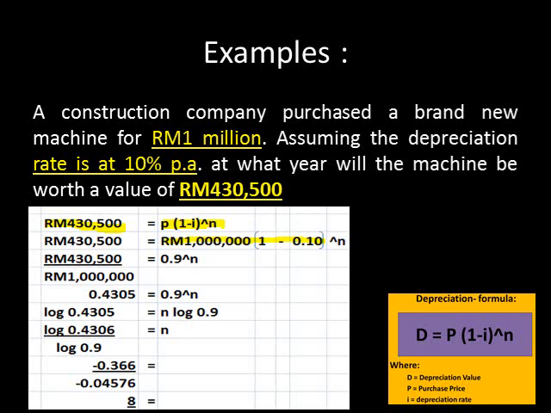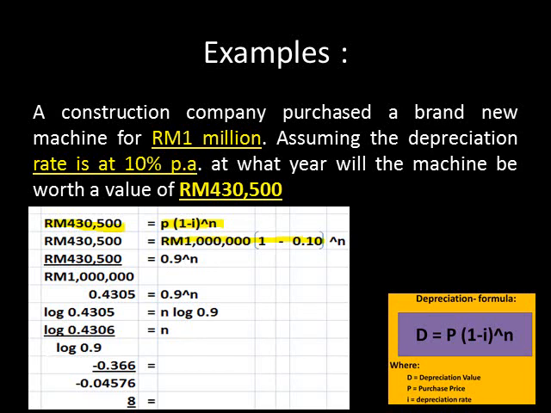The thing we do not know here is N, years. Because it is power of N, we need to use log. So bring the 1 million to the other side, meaning we divide 430,500 by 1 million. You just divide and it equals 0.4305.